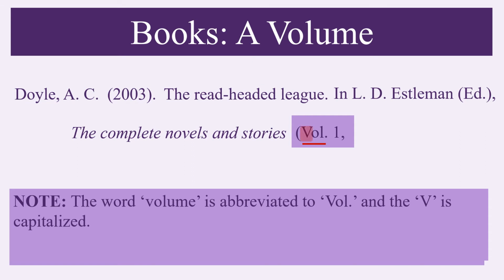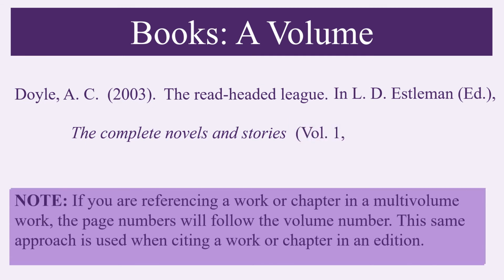In this example, we're referencing a work within the multi-volume work, which means that we require a page number after the volume number. The same approach is used for citing a work, chapter, or article within an edition other than the first. Here you'll see we have the volume number, comma, and then pp. for the first and last page respectively, and then 263-286, all within the same parentheses.